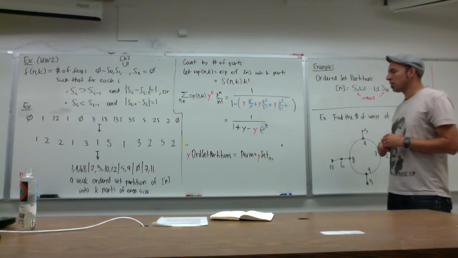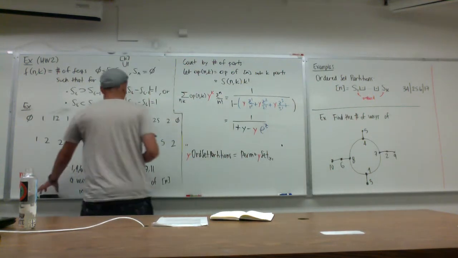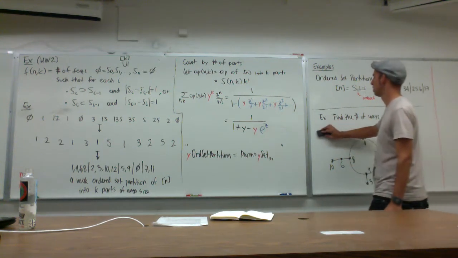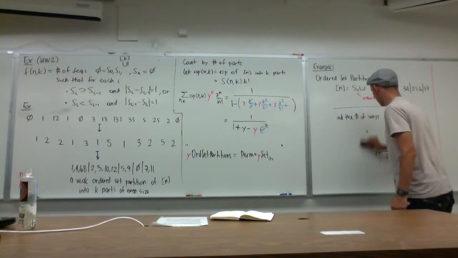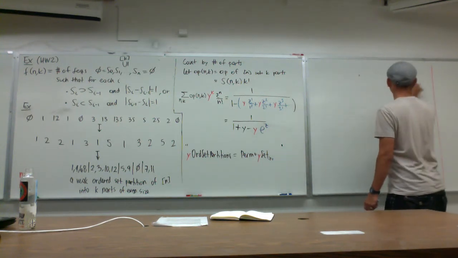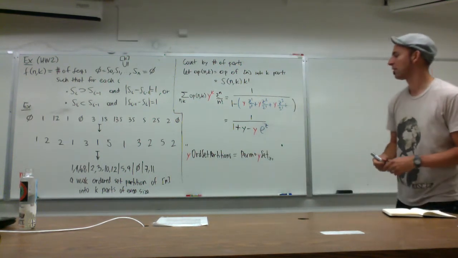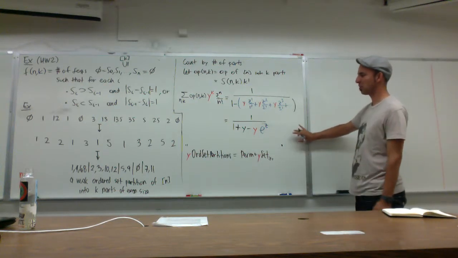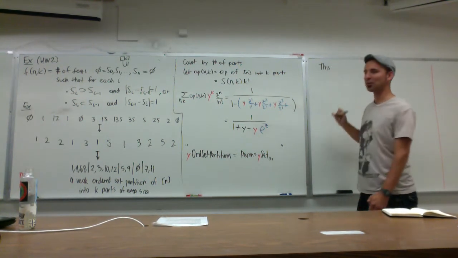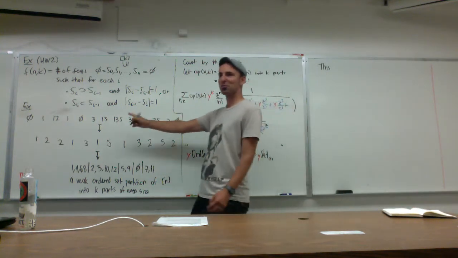Okay. So how do I do this? Let's try to imitate what I did here. I don't want to delete this because I want to kind of imitate it. So, okay, let me call this combinatorial class this. So what is this combinatorial class?